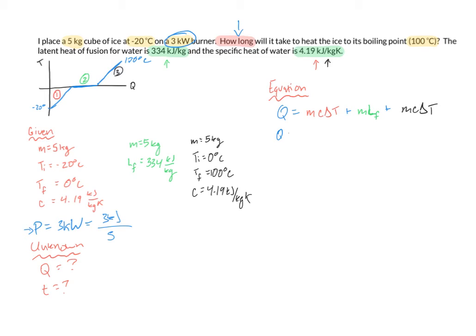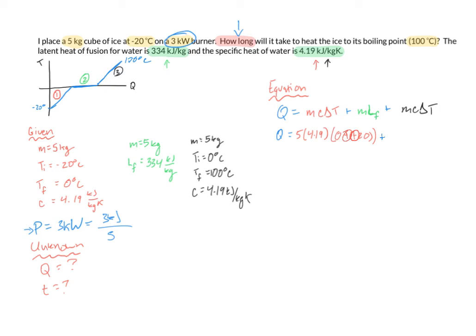Q is equal to 5 times 4.19 times 0 minus negative 20. And note here, guys, what's important is to remember to include all of your negative signs, right? So these are going to become positive, and this will be a positive number. It's important, though, to remember that your signs matter.